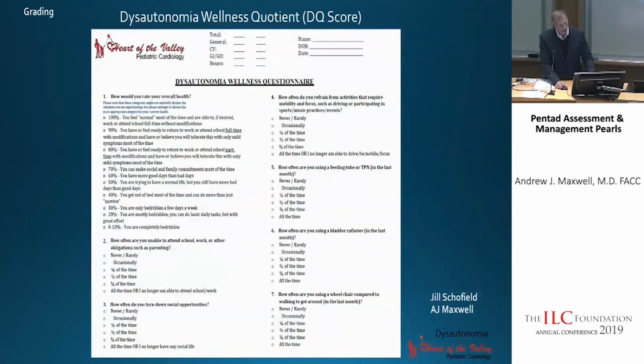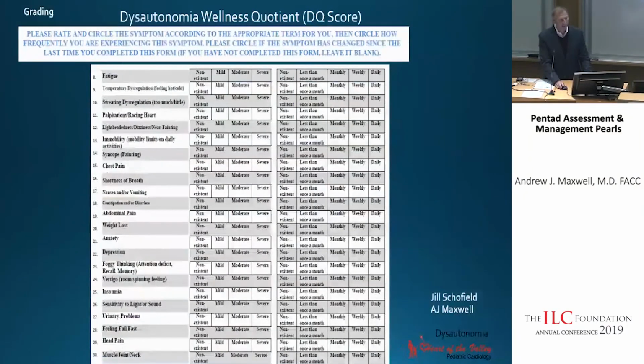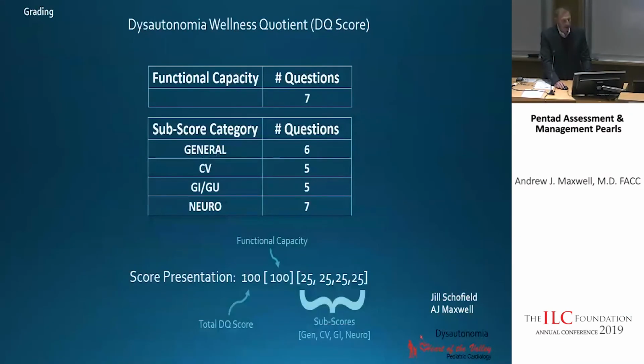This is the front of the paper copy and the back of the paper copy, but we have an online version where they can go on their phone on the way in and point and click and check off boxes, as their parent is driving them into the clinic that day, or they're waiting in the waiting room. Then we put it into the chart, and it really, really helps me.